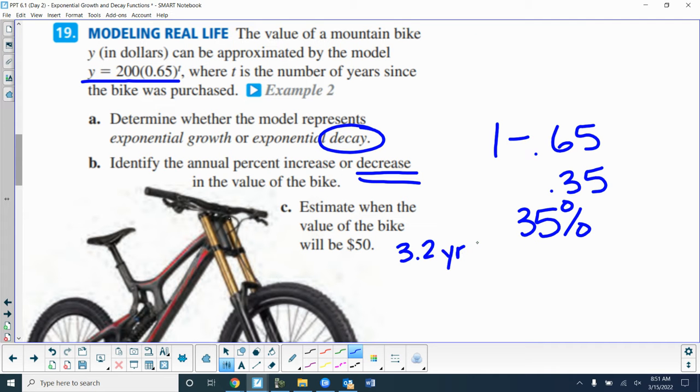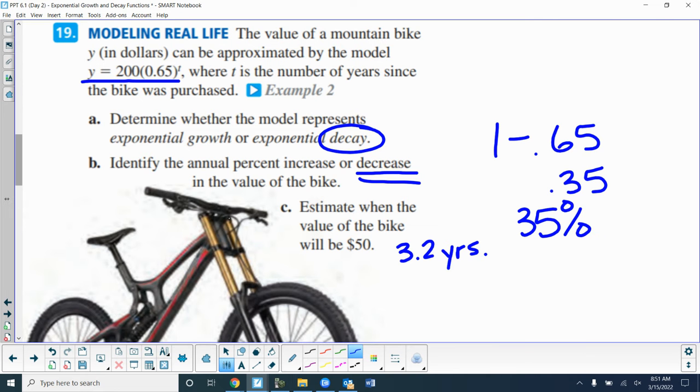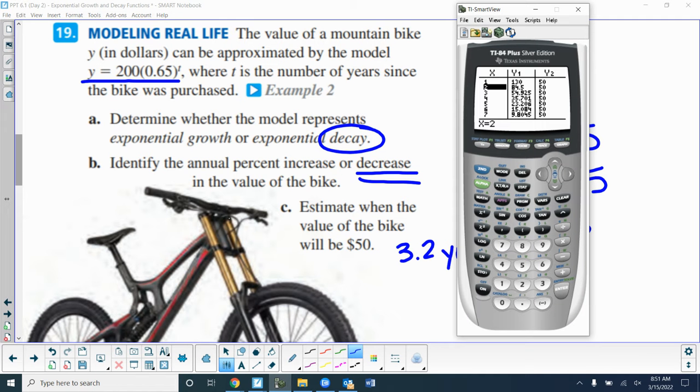That's a lot. All right, what was the other way you could have done instead of graphing it? Go to second graph, the table, right? And you want to see when there's 54 at 3 years, right? So somewhere between 3 and 4 years, it goes from $54 to $35.